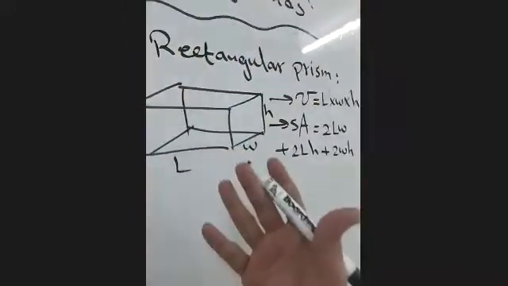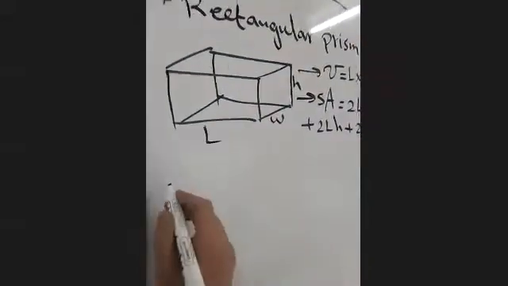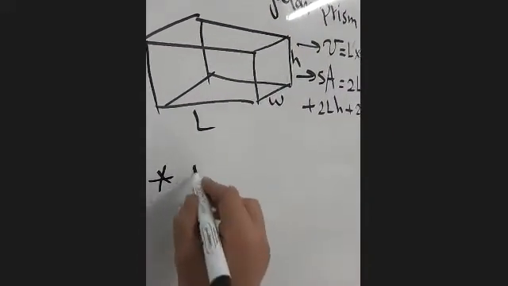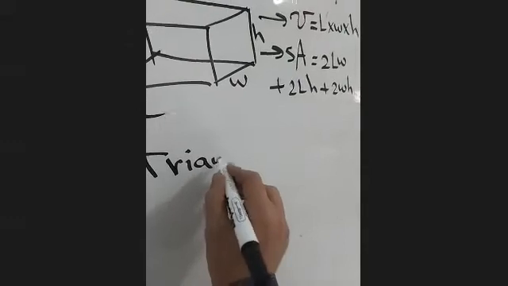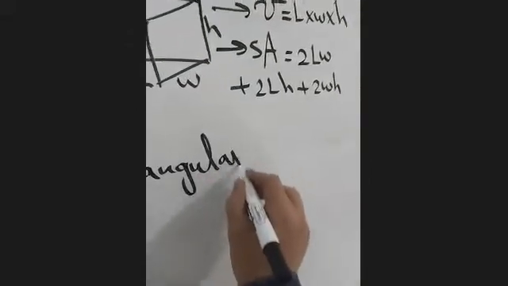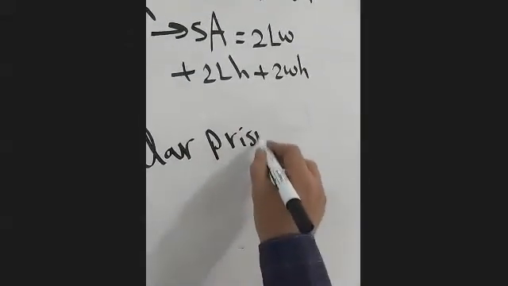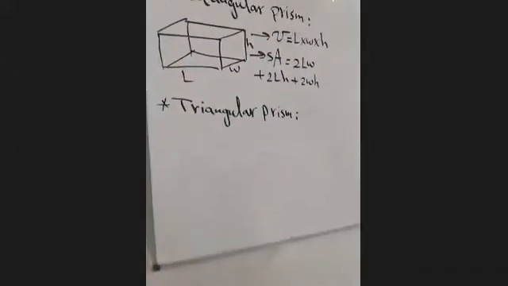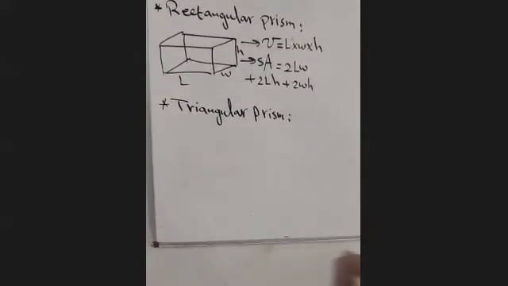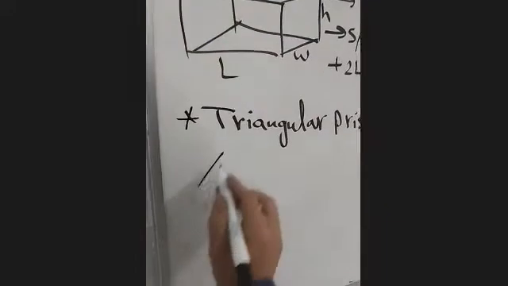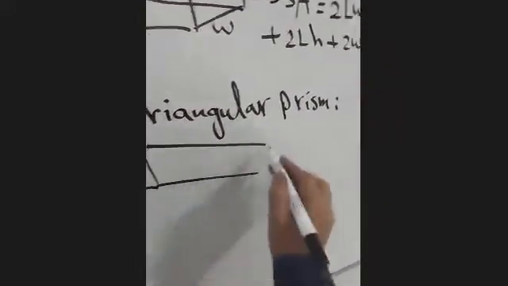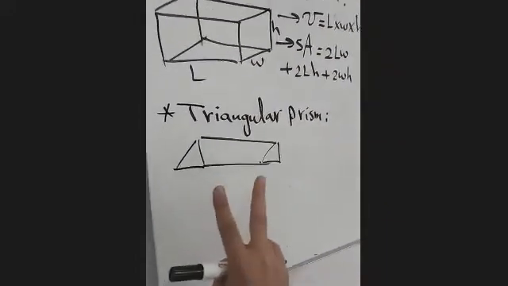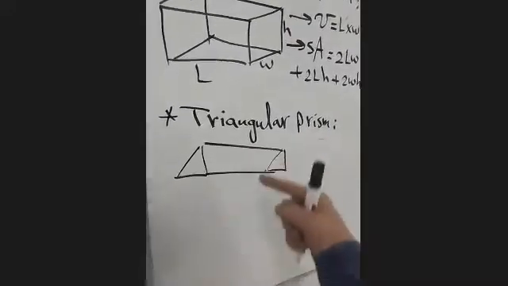The other type of prism we took is the triangular prism. In the triangular prism, we took how to find surface area. We have two congruent triangles and the three rectangles around.